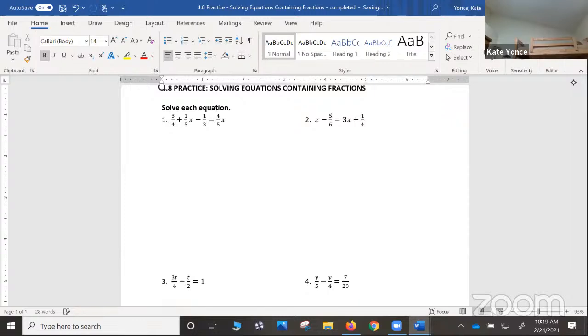Oh, all right. So how did you write that out? Because I kind of confused myself there. Me? Yeah. I'm going to do it exactly how: 60 over 1 times 3 over 4 plus 60 over 1 times 1 over 5x minus 60 over 1 times 1 over 3 equals 60 over 1 times 4 over 5x.